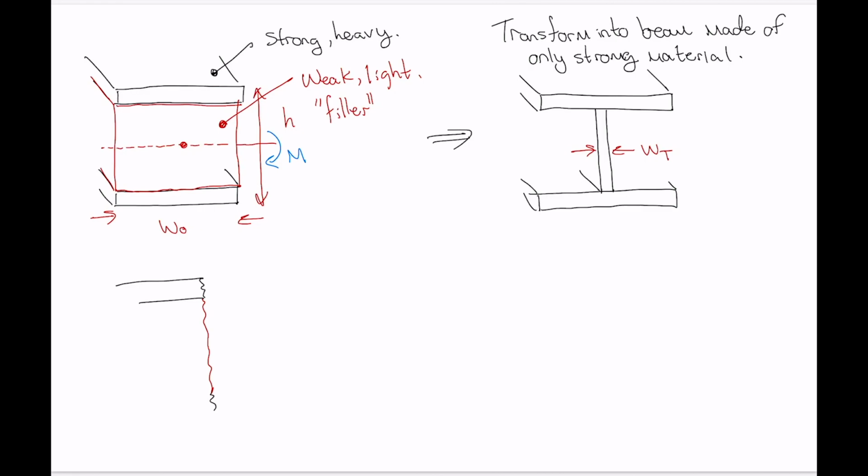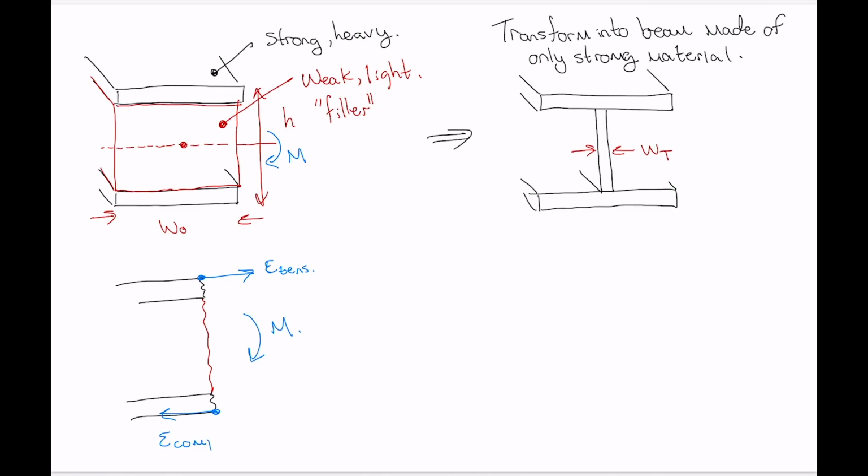We'd have something like this, and then our moment is acting around in that direction, M. We know that the material at the top of the cross-section is going to be pulled out in tension, so we have a tensile strain here, and then at the bottom of the cross-section we have an equal and opposite compressive strain.